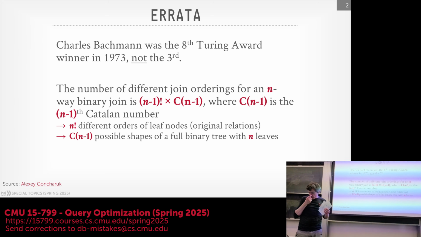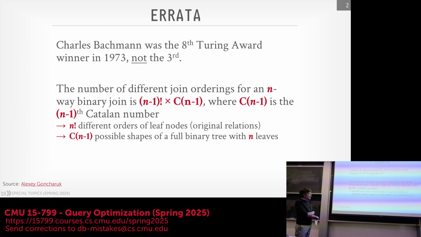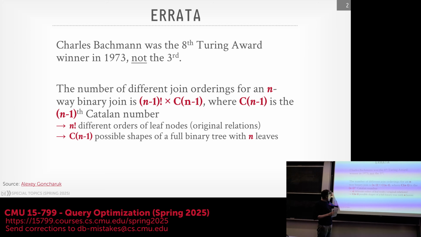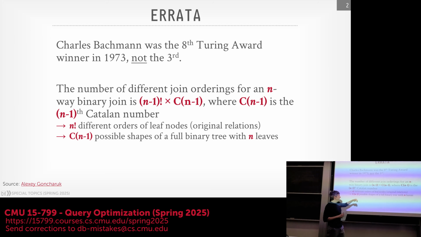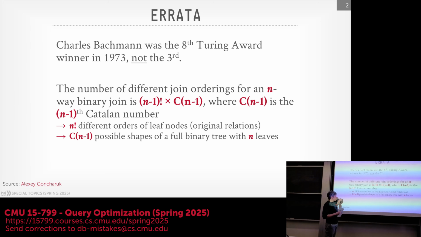The other thing was that a German emailed me and correctly pointed out that my definition of the complexity of the number of join orders you could possibly have was off. I just said it was a Catalan number, but it's really where you have n tables you want to join in a single query. If you're just doing binary joins, then it's (n-1) factorial, and then this Catalan number is another factorial that's really big as well.